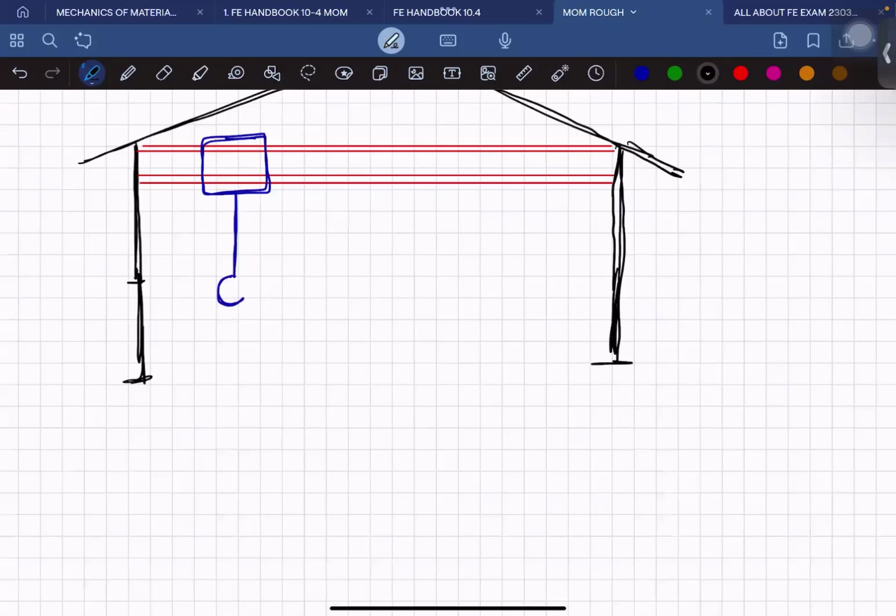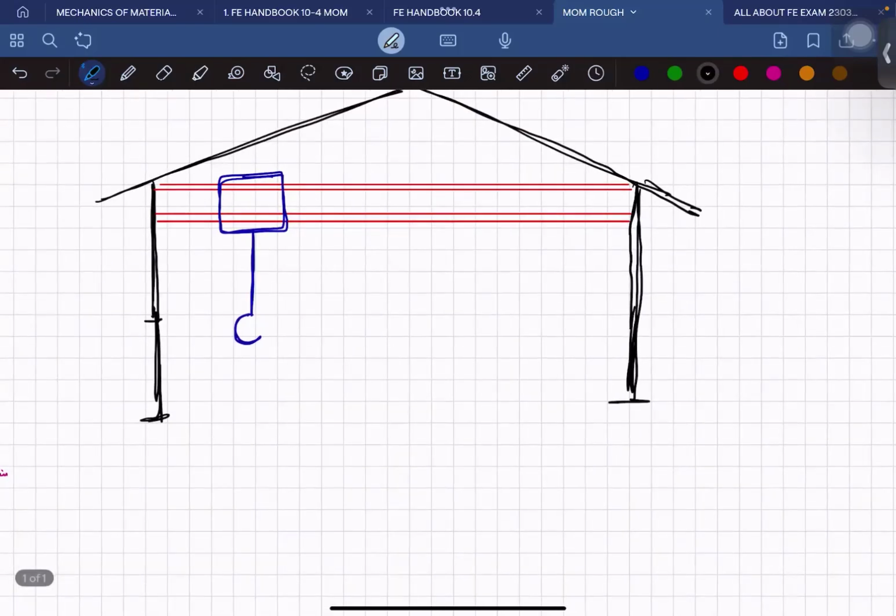Now, see, this is the beam from A to B. If I cut this section and see from the side, this beam might look like this.